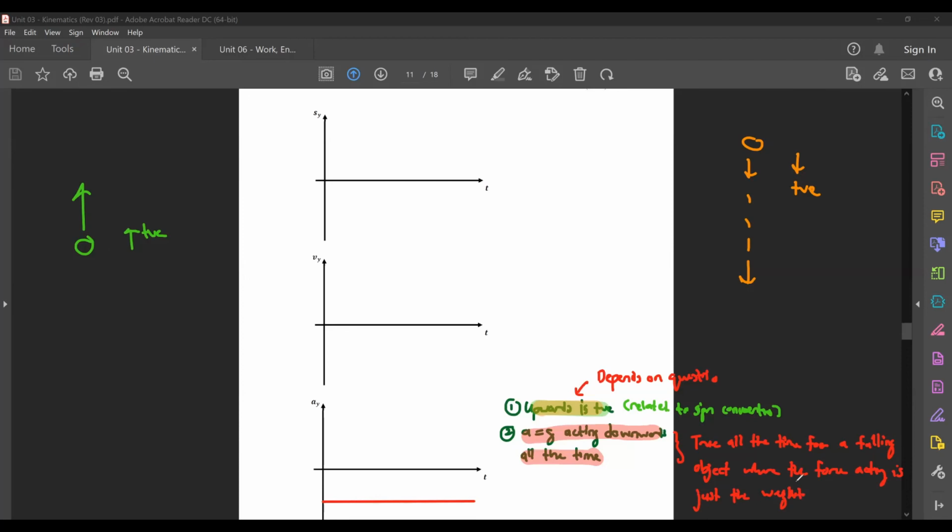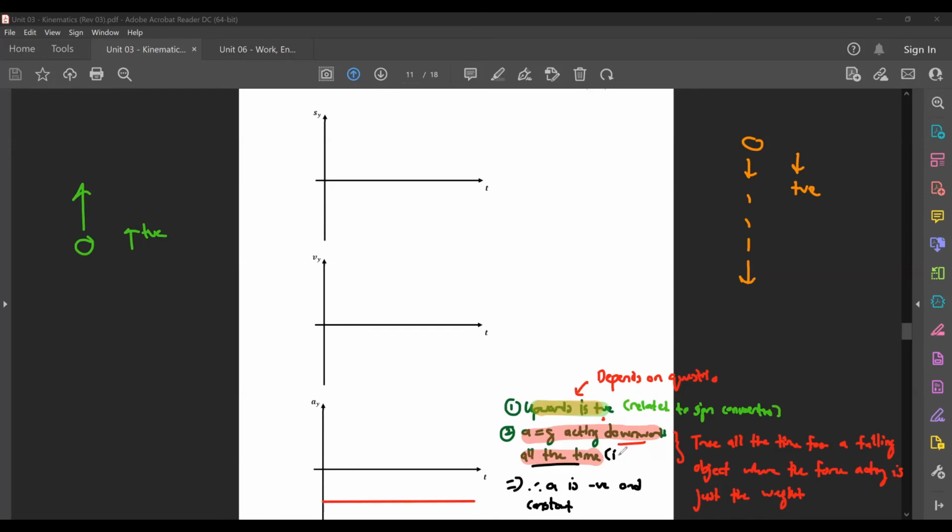Because my sign convention is upwards positive, but my g is acting downwards, this tells me that my acceleration will be negative, isn't it? Therefore, a is negative and constant. Okay, a equals g acting downwards all the time.